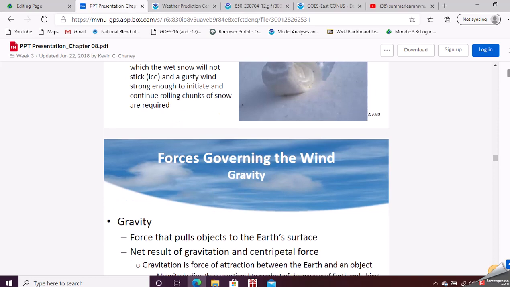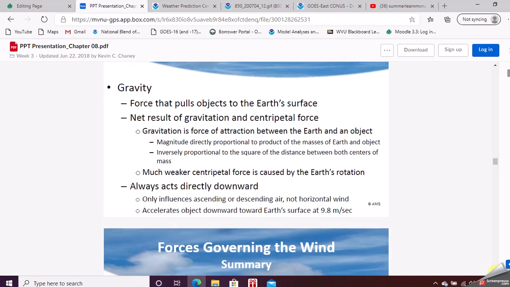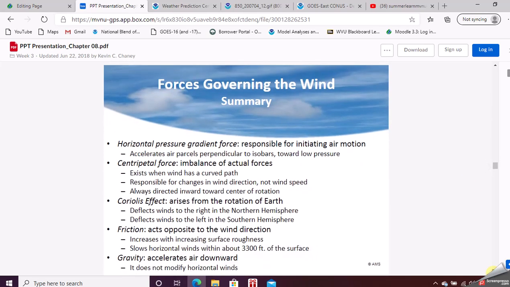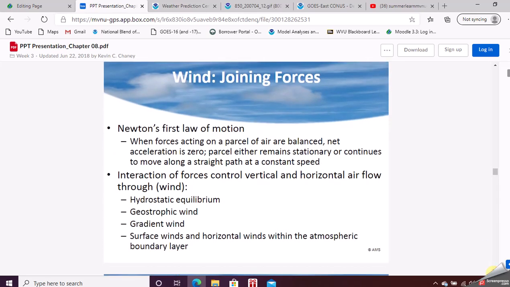So now we talk about gravity. Gravity pulls back towards Earth. It is what is always pulling the air down, and it has a huge impact on winds in the atmosphere. But it's always downward. So now that we've got all these forces, let's start putting them together.